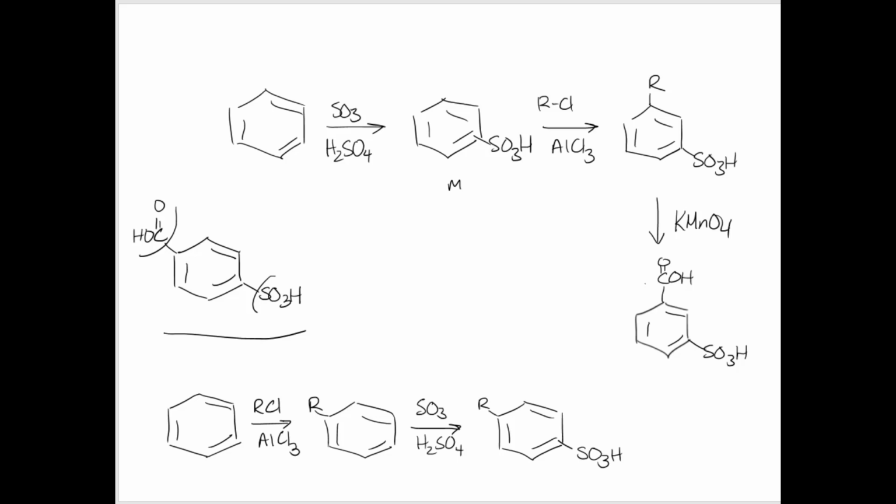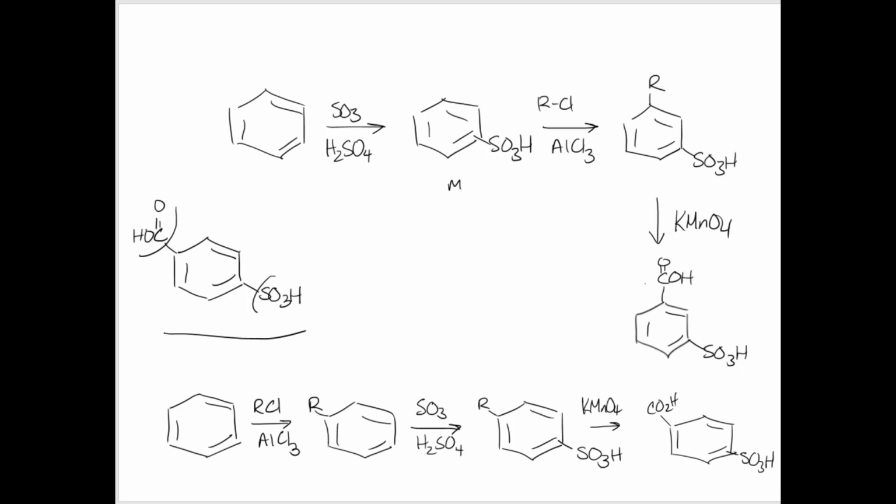So now I could go ahead and oxidize with KMnO4, because now I've got my groups in the right position, and then that would give me as my final product the CO2H, the carboxylic acid, along with the SO3H.